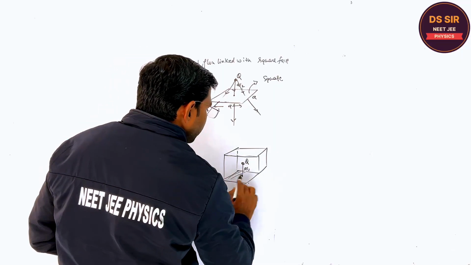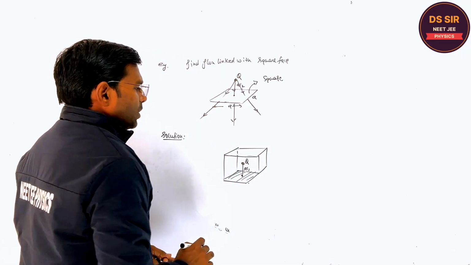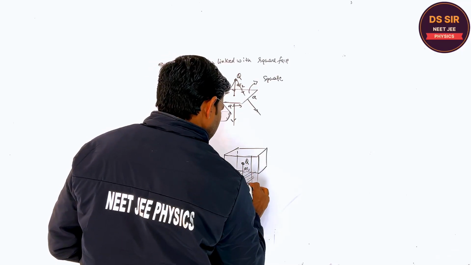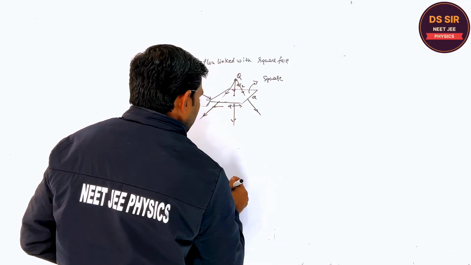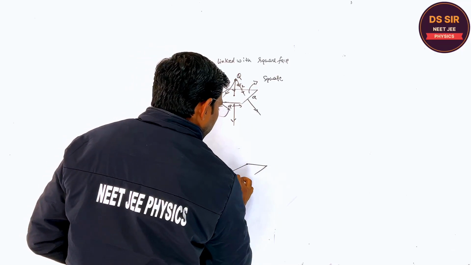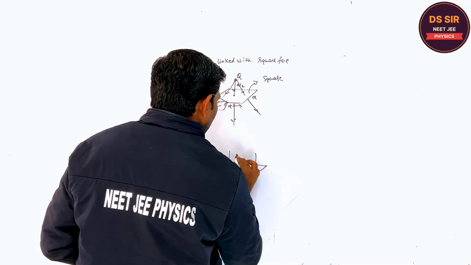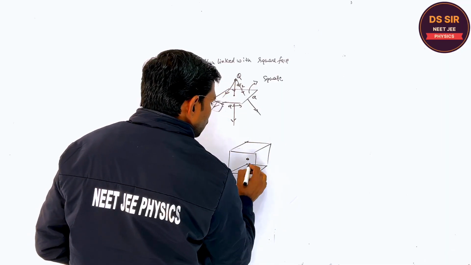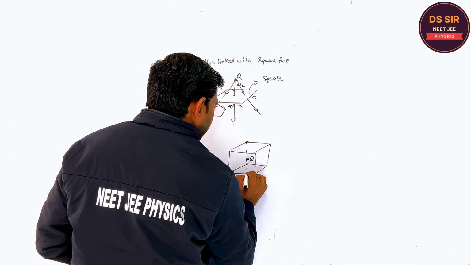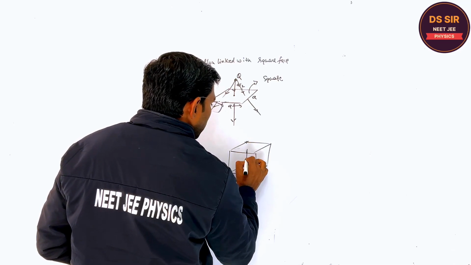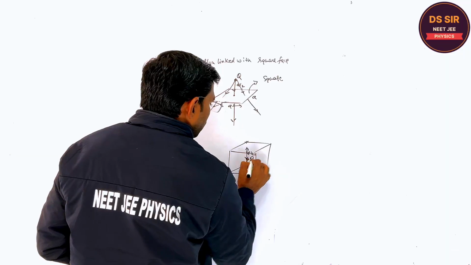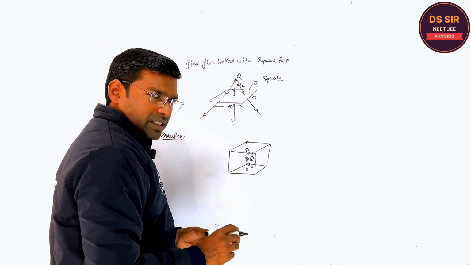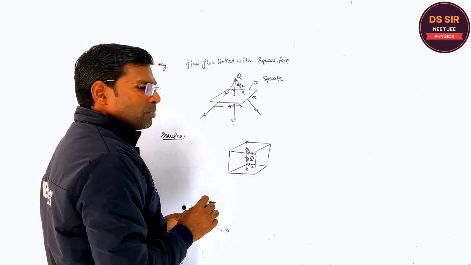Assume this is the one face, we have to find the flux. Now you can think this is the charge q at distance a by 2. So you can assume this is also a by 2, a by 2, a by 2. So now this charge is in the middle, at the center of the cube.